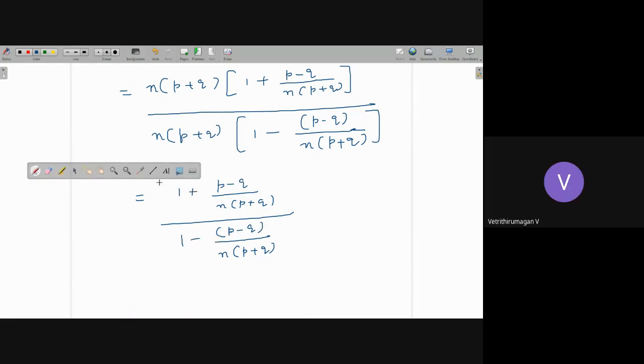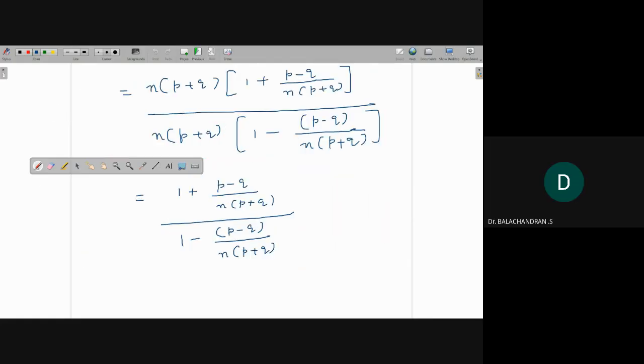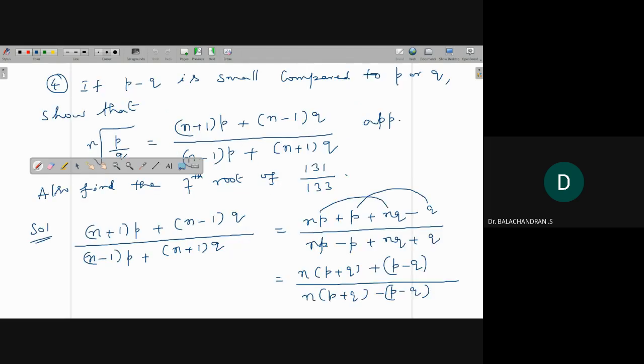Write the denominator as power minus 1. You are writing the numerator. But we need to proceed. Final answer is the nth root of p by q, the whole power 1 by n. So depending upon the answer, we need to move.